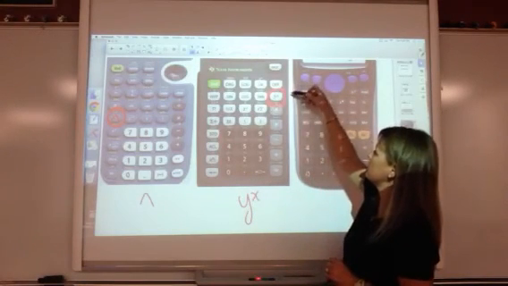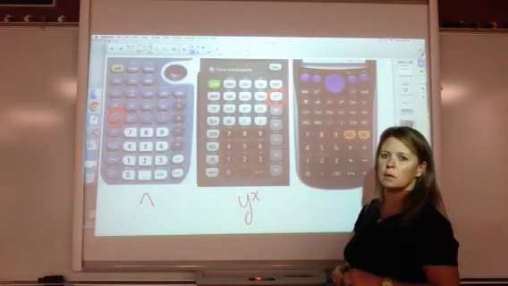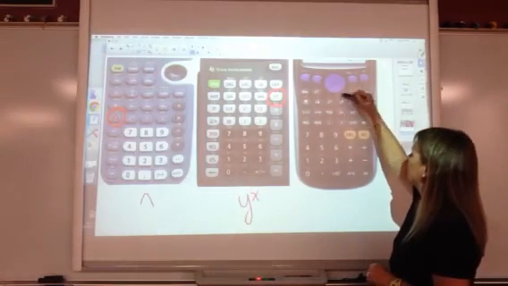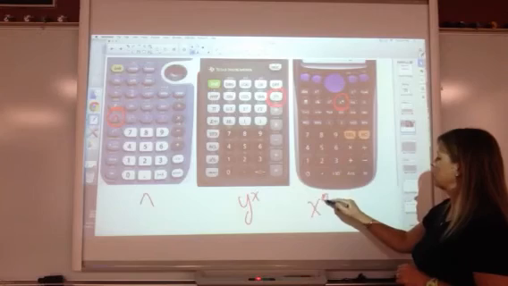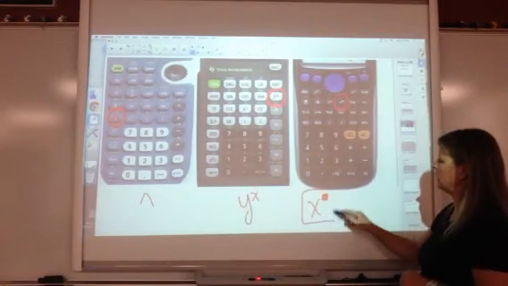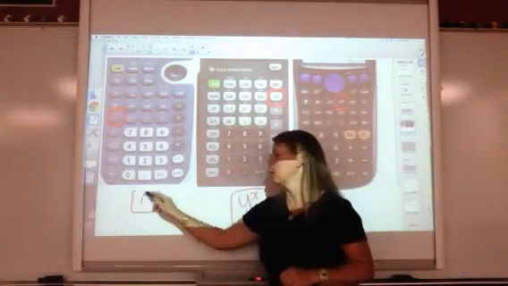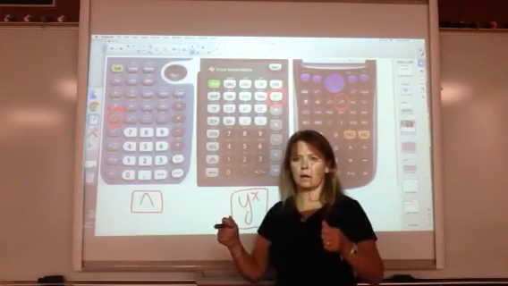This is a Texas Instrument. It's right above your plus, minus, times, divide, and there's your power button. This Casio has another different look. It shows an x with a box up here, meaning that's the exponent. All 3 of those, depending on the calculator that you have, or if you turn your phone sideways when you're in calculator mode, you can use your calculator for that.